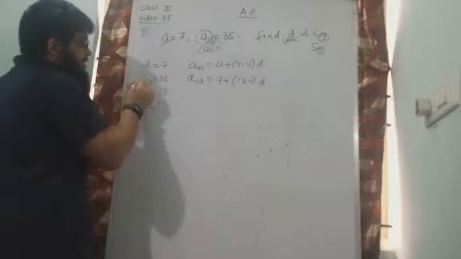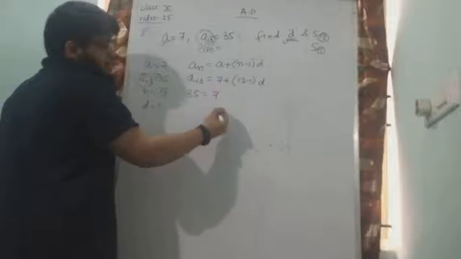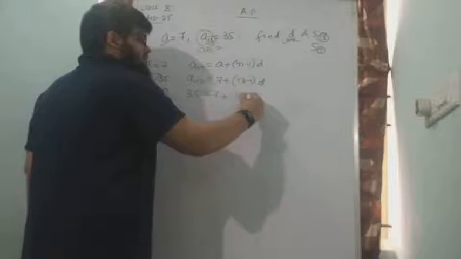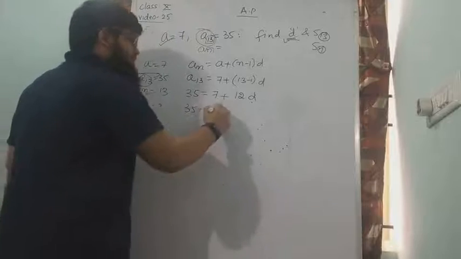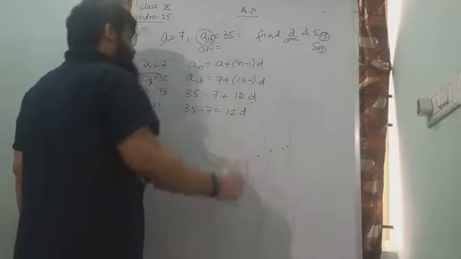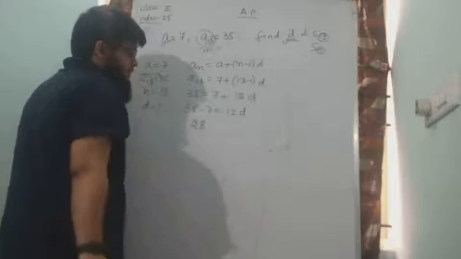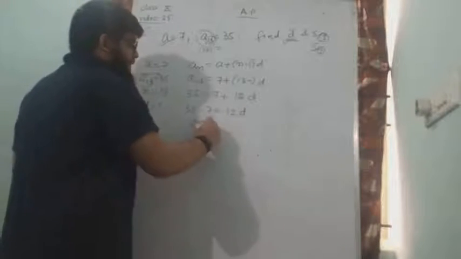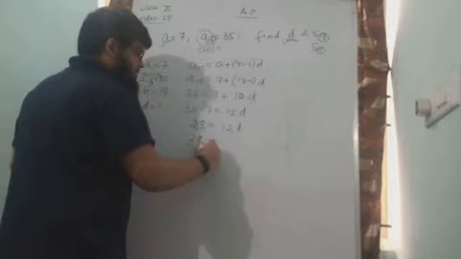In place of A13, I can write 35 because that is given in the question. 35 is equal to 7 plus 13 minus 1, which is 12D. 35 minus 7 is equal to 12D. 35 minus 7 is 28, right? So 28 is equal to 12D. 28 by 12 is equal to D.